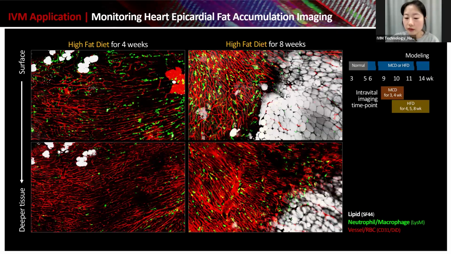In this way, IVIM's intravital microscopy platform enables far more than simple cell observation. It allows researchers to visualize a wide range of biological responses that accompany disease progression or therapeutic intervention, providing a deeper and more dynamic understanding of in vivo physiology.